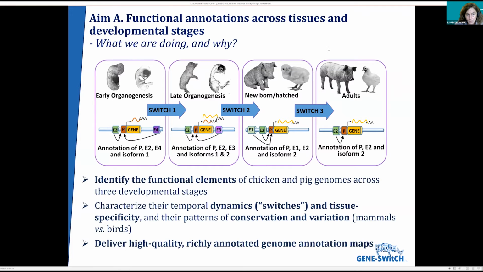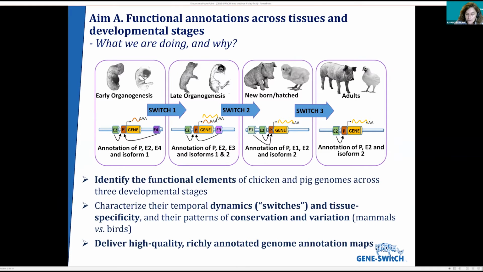About aim A, what are we doing? Essentially, we want to identify the functional elements that are activated, poised, repressed in the chicken and pig genomes across the 3 developmental stages that you have seen. And the idea is to characterize their dynamics that we call switches and tissue specificity, as well as their patterns of conservation and variation.